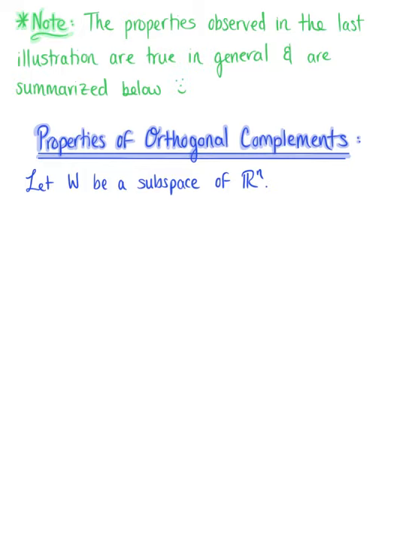The following are some generalized properties of the orthogonal complement of a subspace. So to begin, we want to let W be a subspace of Rn. Now, the first property we observed with the previous illustration. And this first property tells us that the complement of a subspace is a subspace of Rn. The second property was also observed with our previous illustration.